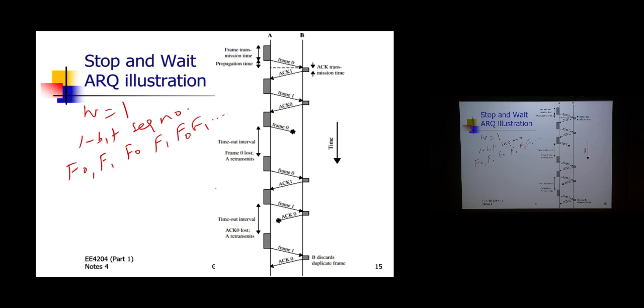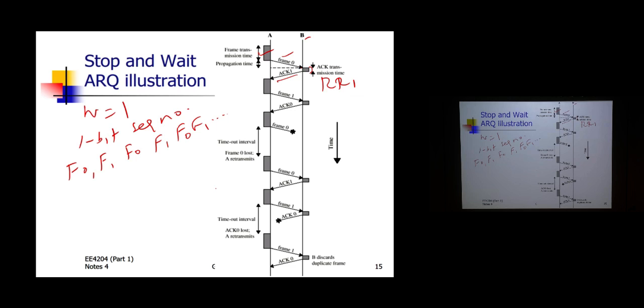So what's happening here? A is the sender. It transmits frame number 0. Upon receiving this frame, B transmits a small acknowledgement frame. It sends ACK1. ACK1 is the same as RR1.